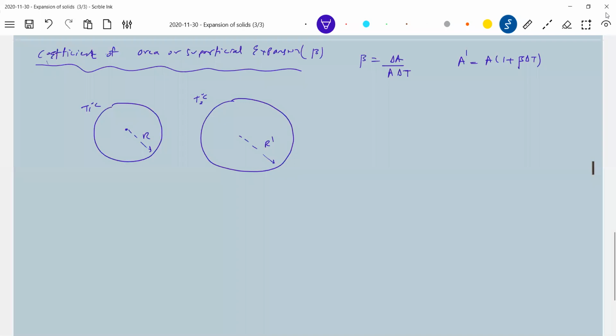Similarly, this is how we define area or superficial expansion. For an isotropic substance, what do you write? For an isotropic substance, alpha x equal to alpha y. So therefore, what is beta? 2 alpha.